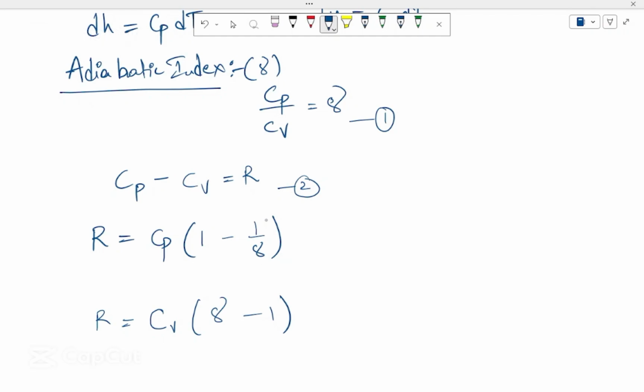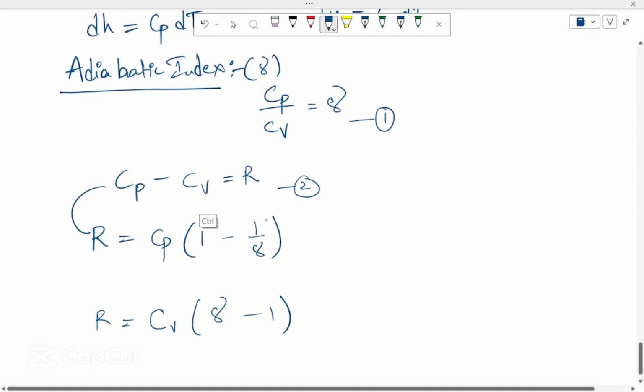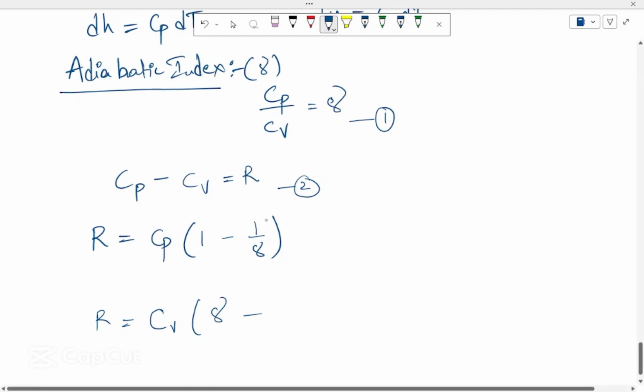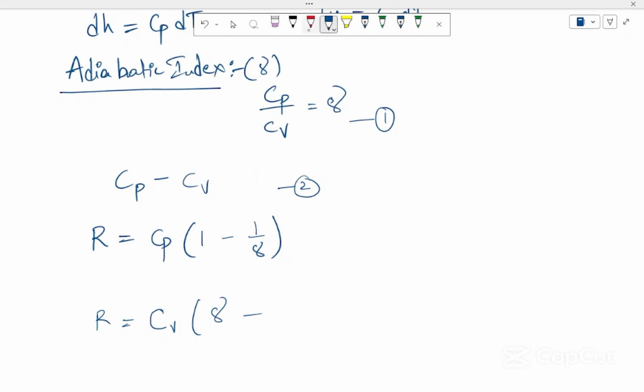I think I better explain this clearly here. Maybe if I write it the other way around, it will help. R is equal to Cp minus Cv. In this, I'll take Cp as common.